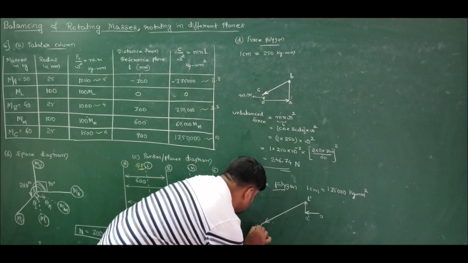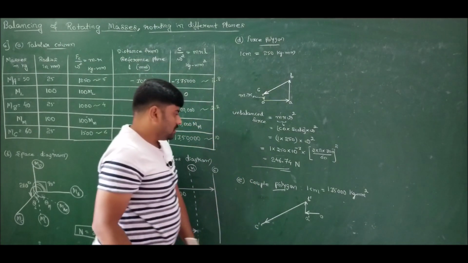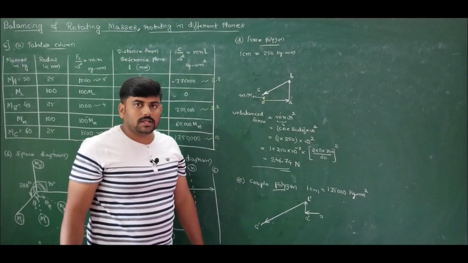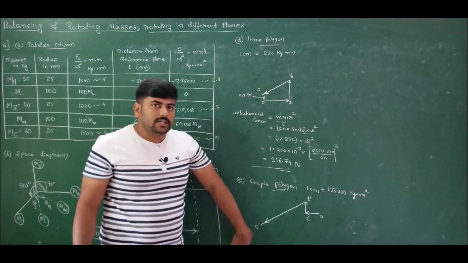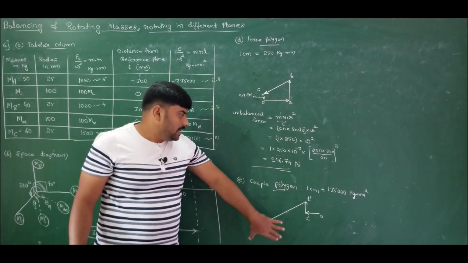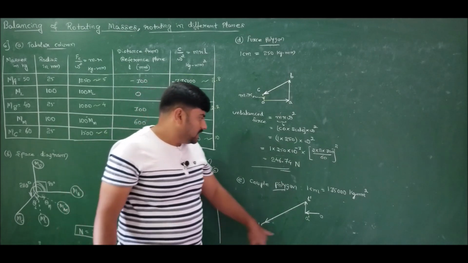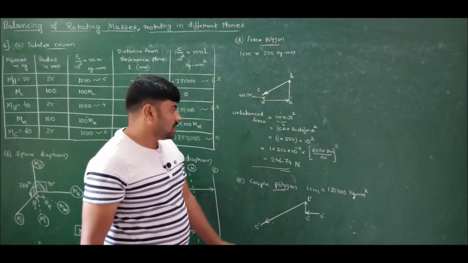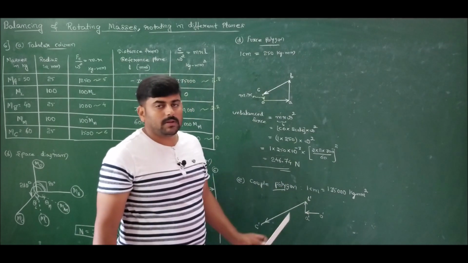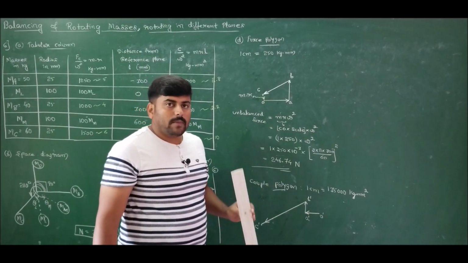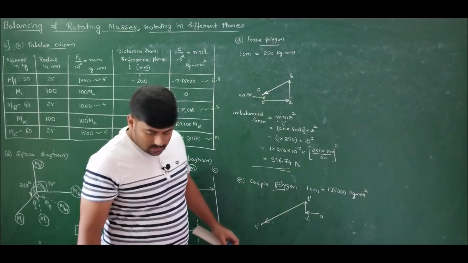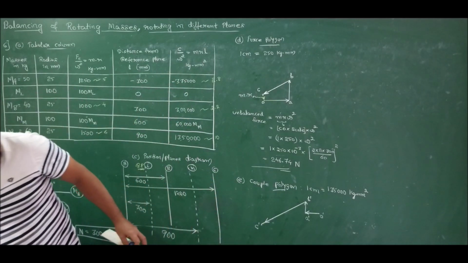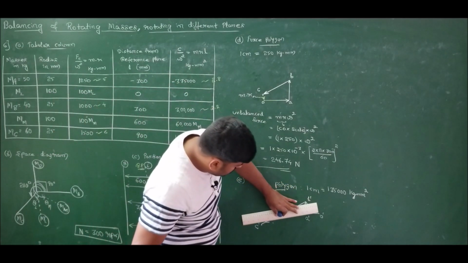This is C dash. Now this is not a closed couple polygon, therefore it is not dynamically balanced. So the unbalanced couple is nothing but C dash to O dash. It gives us the unbalanced couple, that is in kg mm square, which multiplied with omega square gives the magnitude of the unbalanced couple.